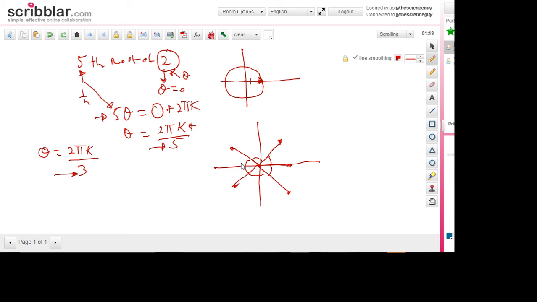I think it's 72, maybe? Yes, so it would be 72 degrees between each one of these. Does that make a little more sense now? Yeah.